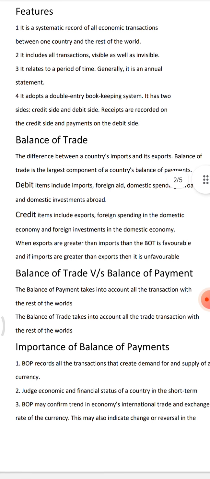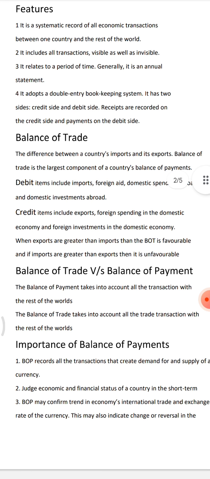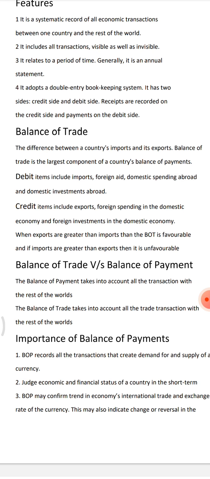And there are four features. The first three generally revolve around the definition, that is transactions between the country and the residents. They include both visible as well as invisible transactions, and it relates to a period of time, generally annually. The fourth one is that it is double entry bookkeeping, with a credit side and a debit side.